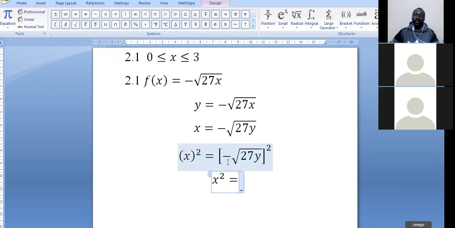What this means is the minus will multiply itself with a minus, and it becomes a plus. Then this square root sign will also multiply itself. In other words, it will disappear. We will be left with 27y. That's going to be the expression we have on the right-hand side.